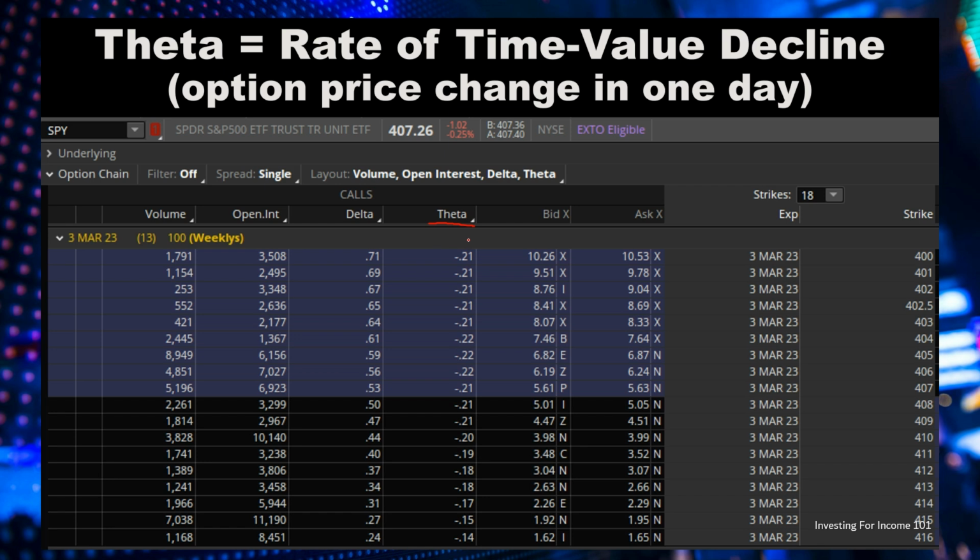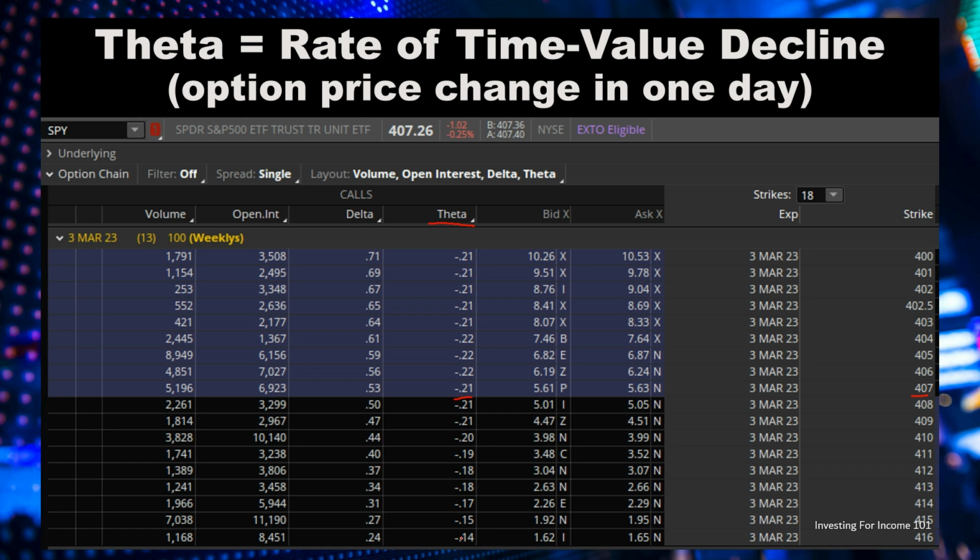So theta is the rate of time value decline, and it essentially means how would the option price change in one day. So previously we kind of looked at week by week data. Here you would see day by day. So you can expect this particular option, like the strike price of say 407, would decline by about 21 cents in a day, which means in a week it would be $1.47 or something, $1.40, $1.45, $1.50, somewhere there.